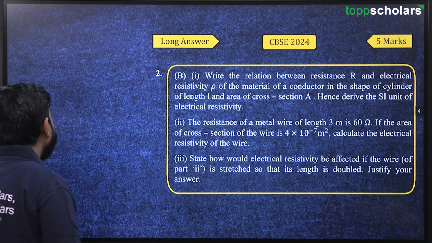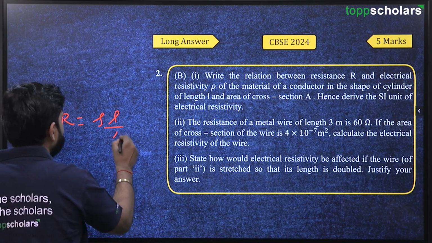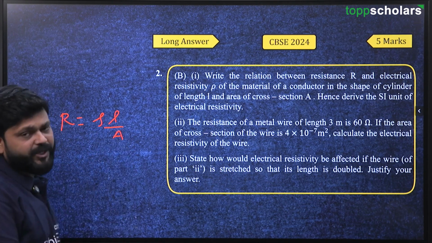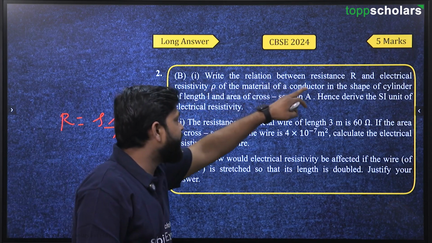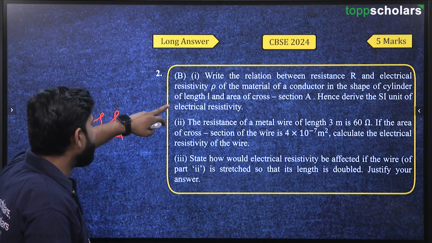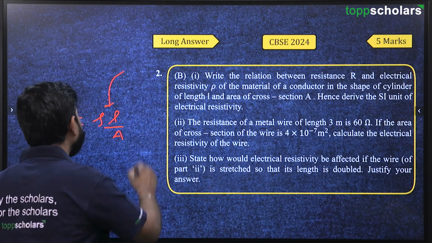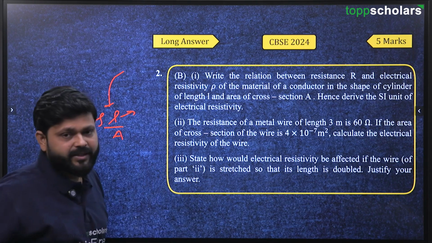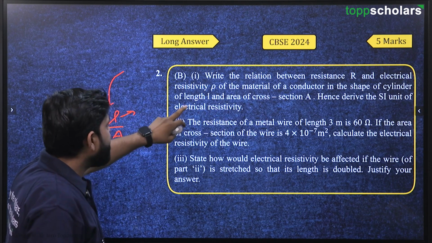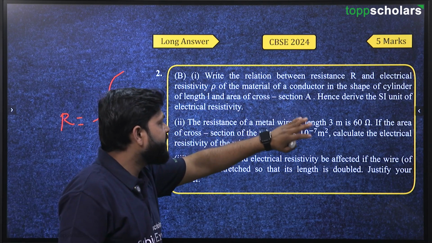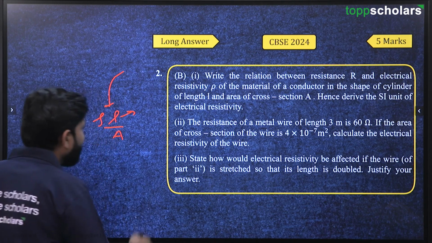We know that R equals rho L upon A. This is resistance, but we need to find resistivity. See here, what has been asked? Write the relation between the resistance R and electrical resistivity rho. Rho is what I have taken here, and this L is the length of the conductor, in the shape of a cylinder of length L and area of cross section A. Hence derive the SI unit, and we have to find the SI unit of resistivity here. We can easily find the resistivity.